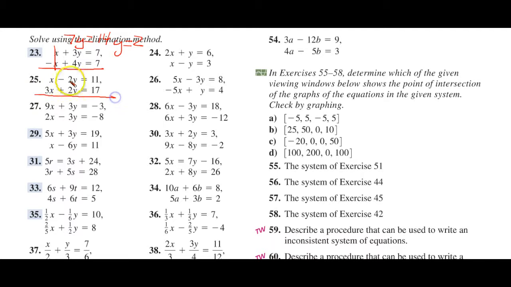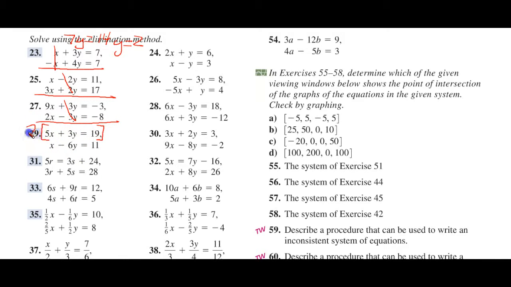Again, here these will cancel out, these will cancel out, and now it starts to get a little more challenging. If we multiply this equation by what? The y's will cancel out.